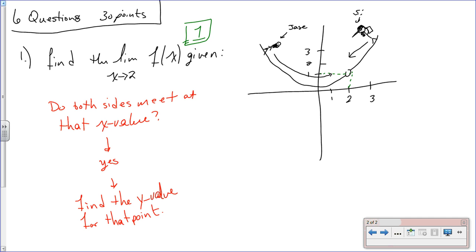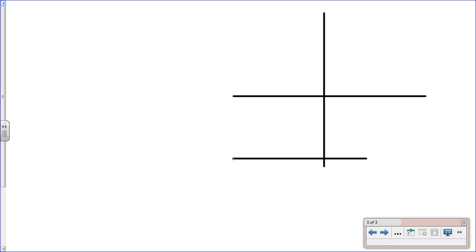Alright, on to number 2. Again, we have a graph. I'll draw this one a little better. I'm going to do a little bit of cheating on it. There we go, I cheated.